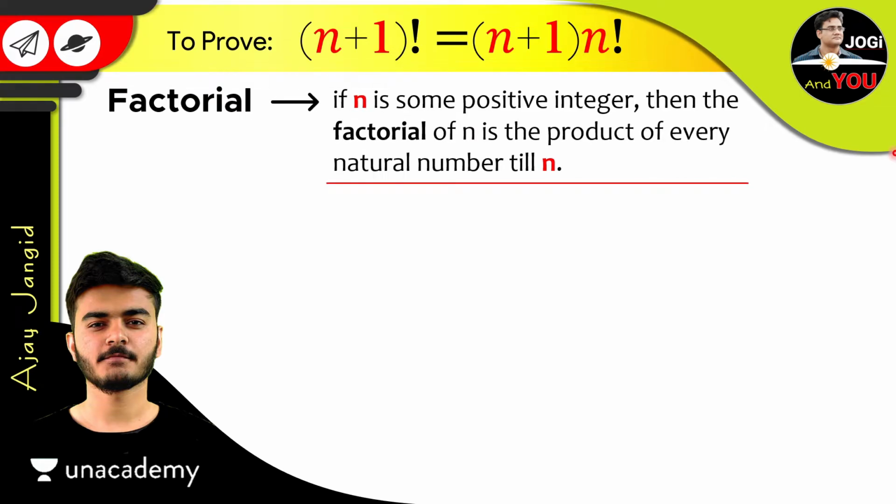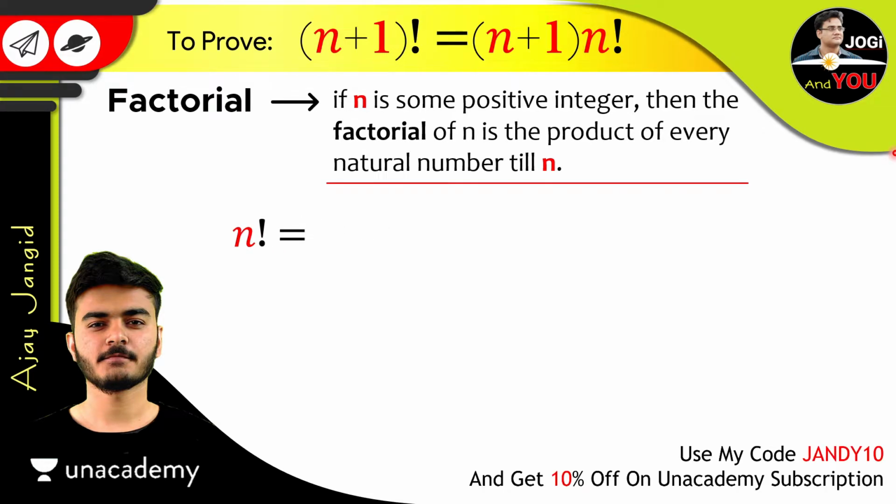So first of all, how will we expand this factorial n according to the definition? According to the definition, the product of all the natural numbers n and smaller than n will be called factorial n. So here we write n factorial is equal to n multiplied by n minus 1 multiplied by n minus 2 till 3 to 1. All the natural numbers from 1 to n, the product of these will be our factorial n.